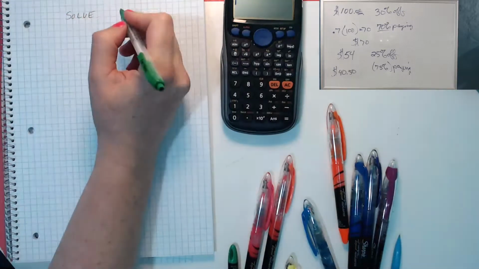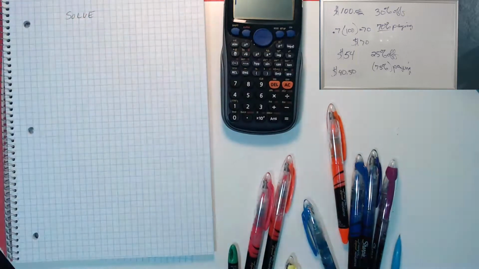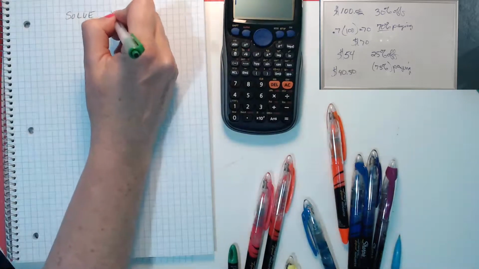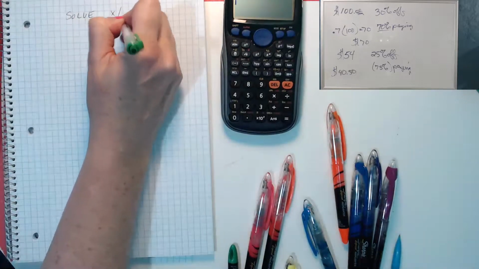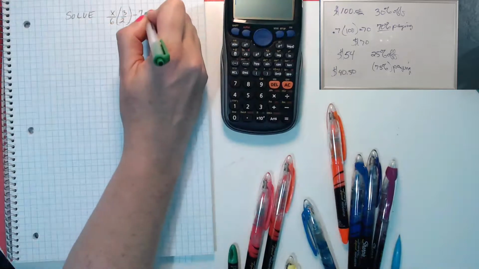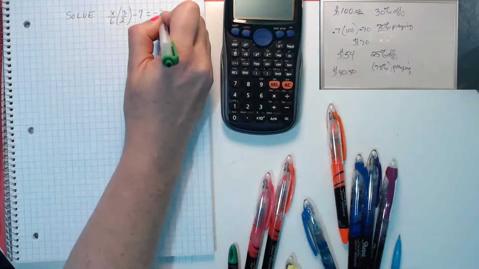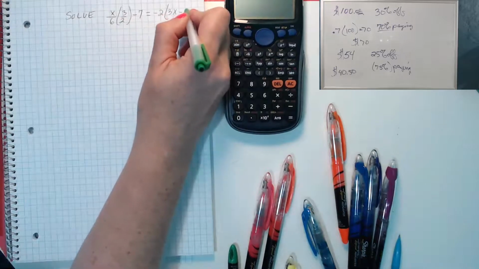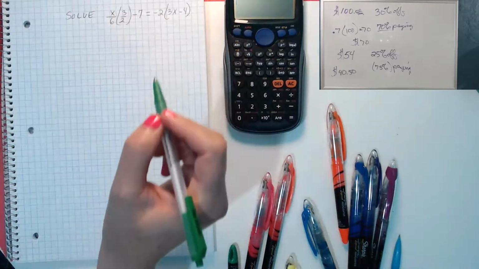Solve x over 6 times 3 over 2 minus 7 equals -2 times 3x minus 4.